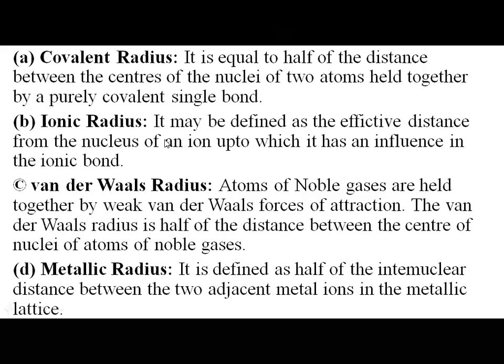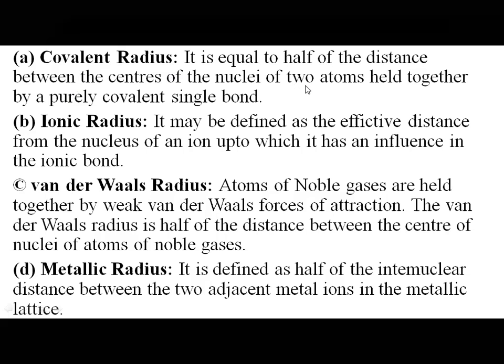Okay, so covalent radius. It is equal to half of the distance between the centers of the nuclei of two atoms held together by a purely covalent bond. So whenever we speak about covalent radius, if these are the two atoms and they are held by a covalent bond, let me say this is atom A, this is also atom A, like the two hydrogen atoms we just took.